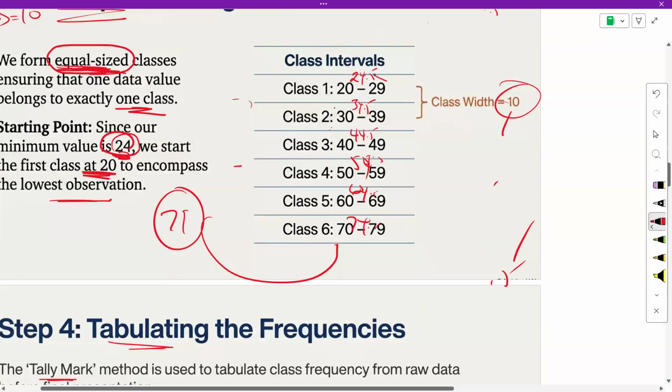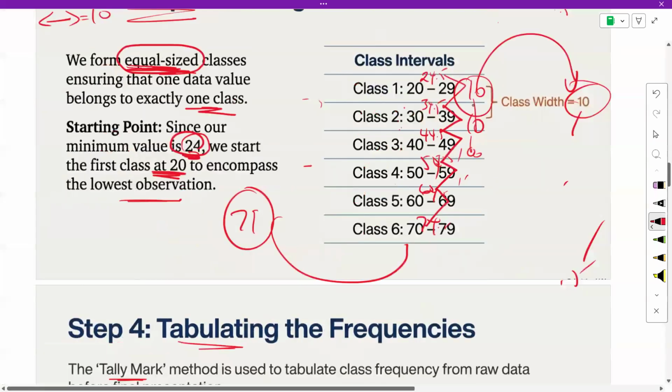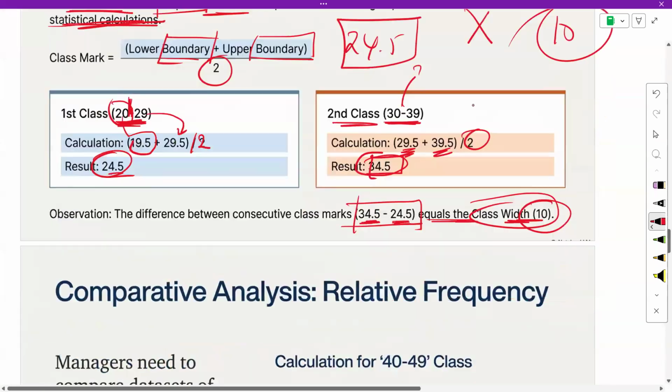When you see the differences, they are equal to 10. The differences should be equal to the class width. That's what is emphasized here: the differences between consecutive class marks are equal to the class width, for example, 10.